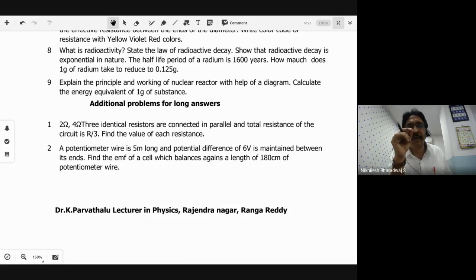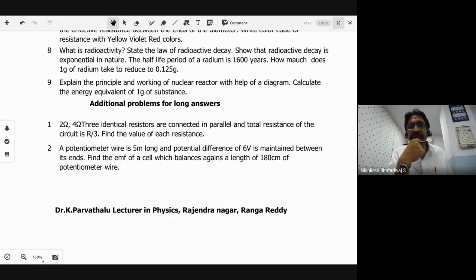Graphite blocks or moderators are used to slow down the fast-moving neutrons. Control rods are used to absorb the neutrons. What are the examples for control rods? Cadmium, boron, and so on.